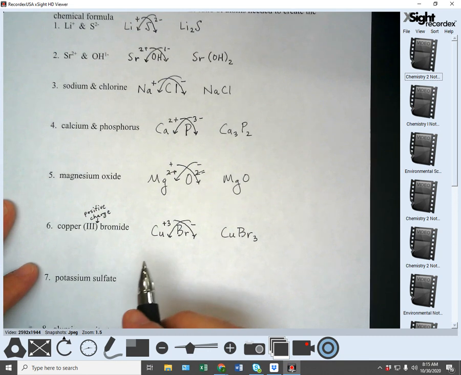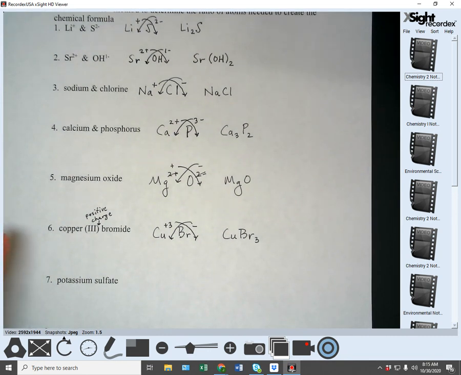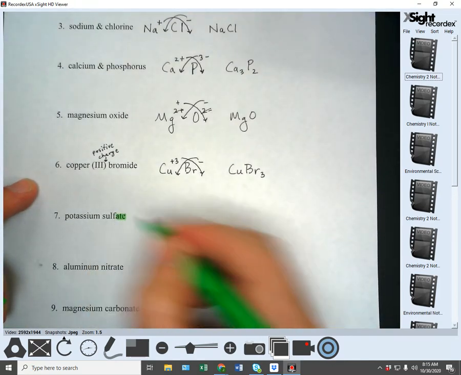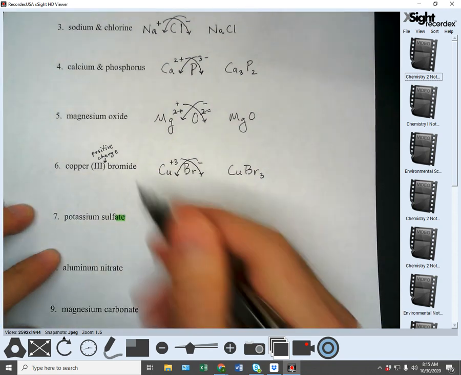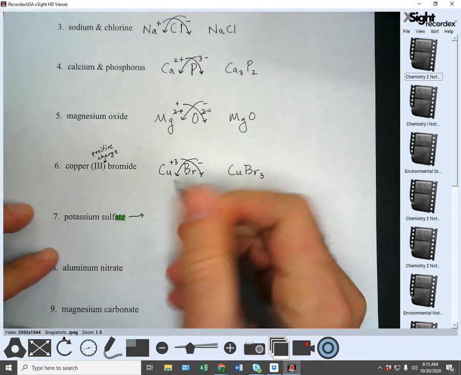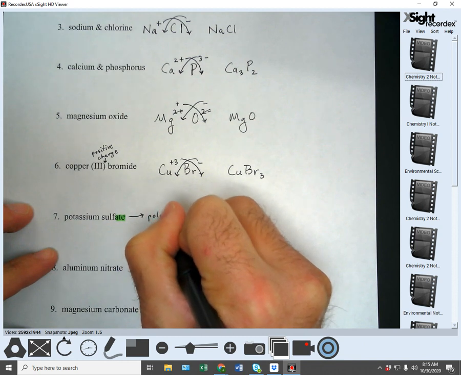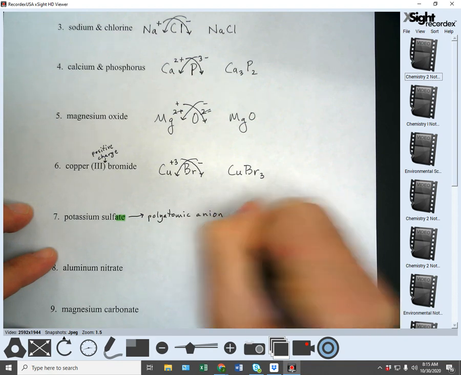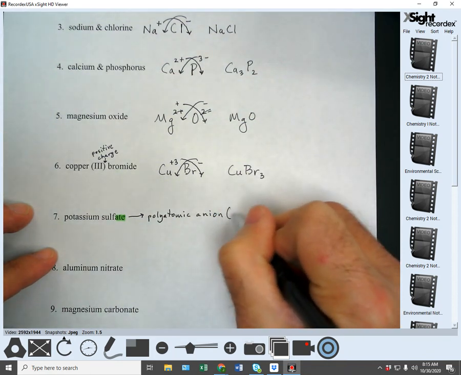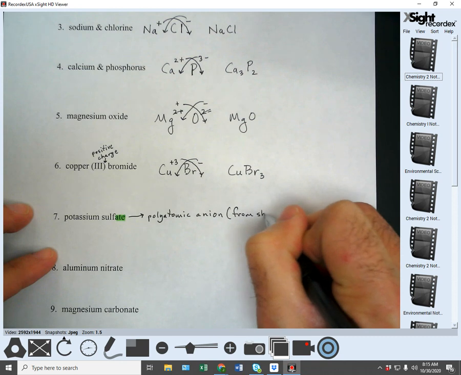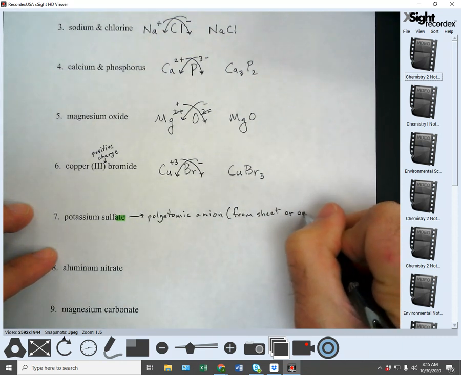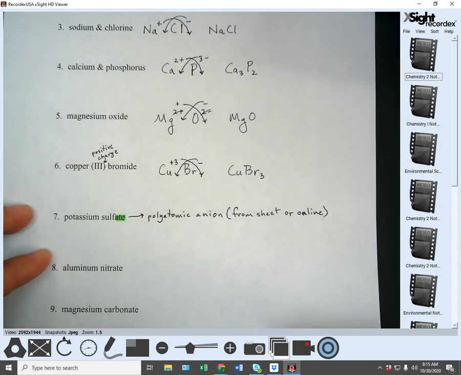The ate part of this tells us we have a polyatomic anion. And you get it from the sheet or online.